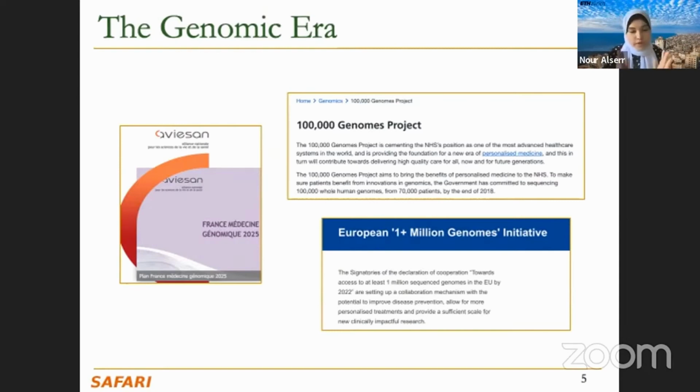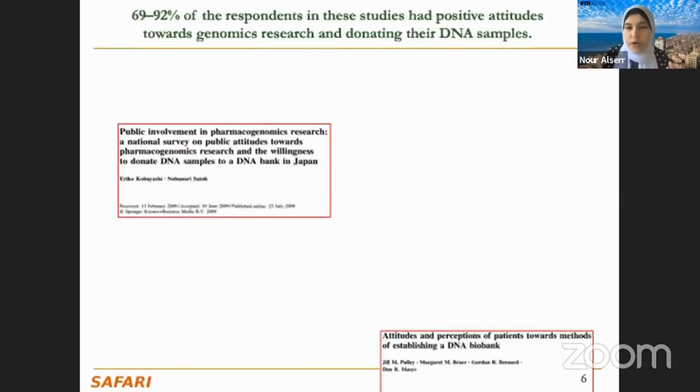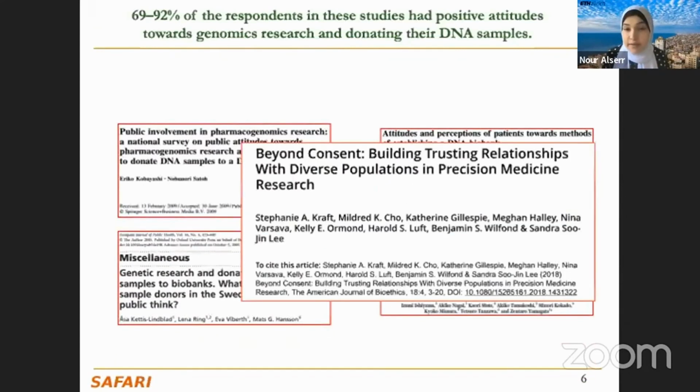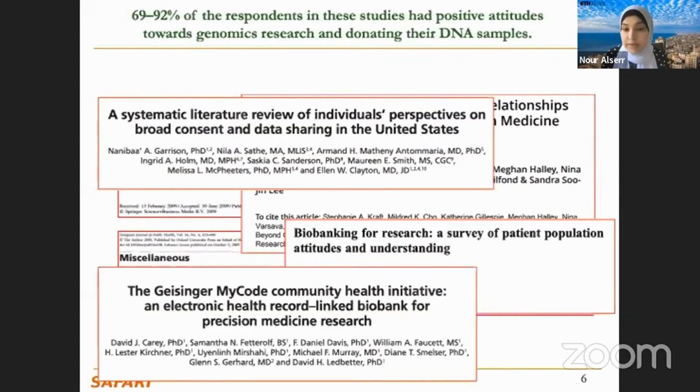Now, we are trying to do these projects at a population scale. How about the populations? What are their attitudes toward donating their DNA, donating their genomic data?